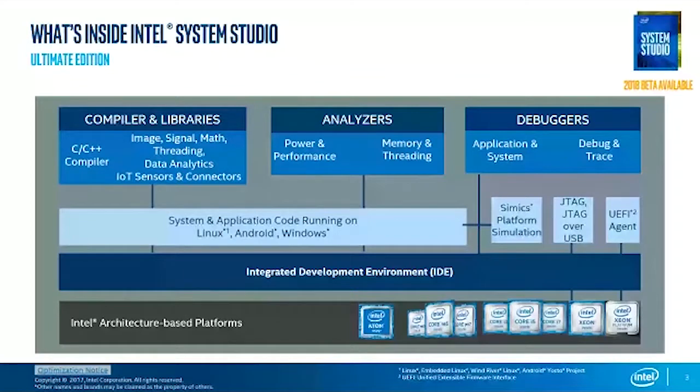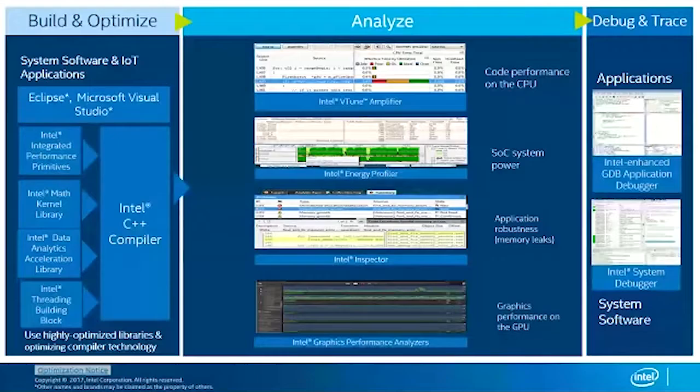So for the overall IA platform, all are supported by System Studio, and a lot of major target OSes are supported by System Studio as targets. For host, we do support Linux and Windows.